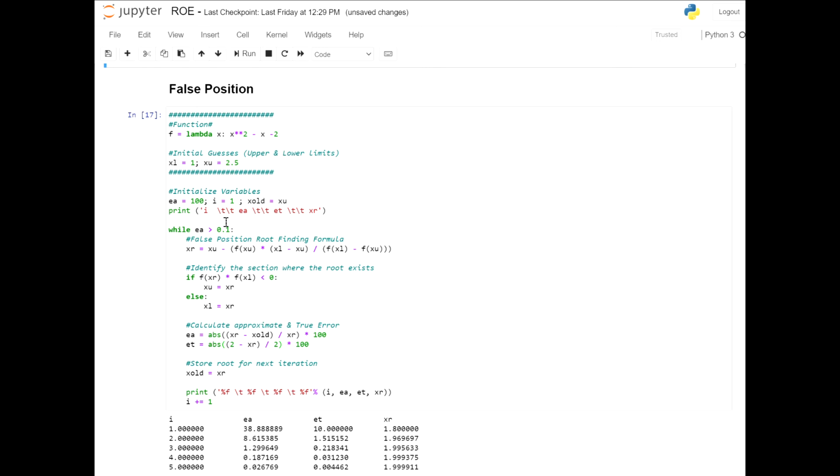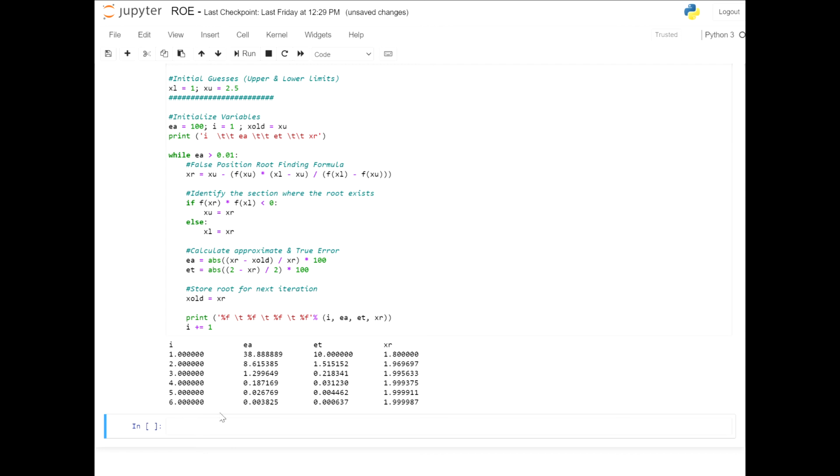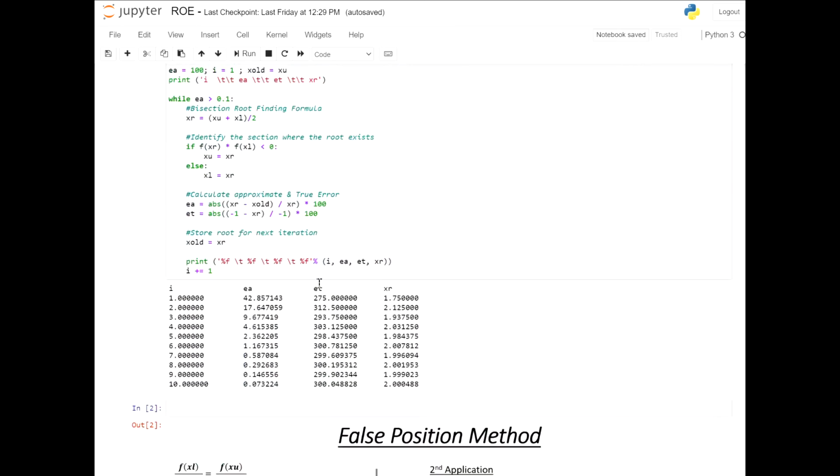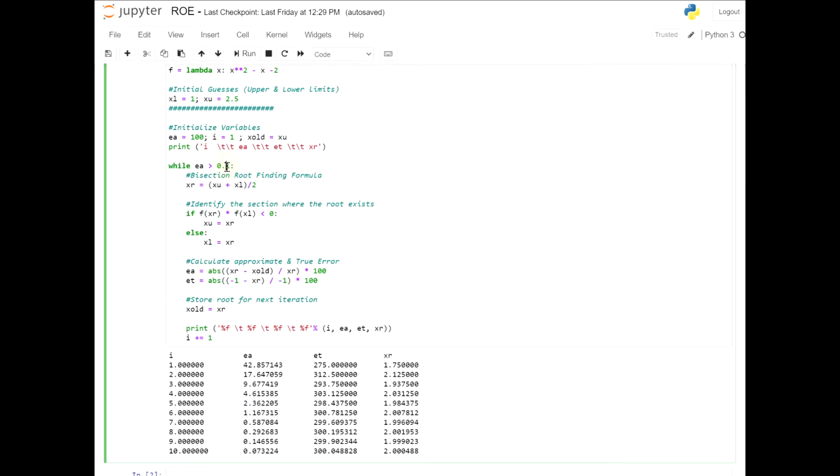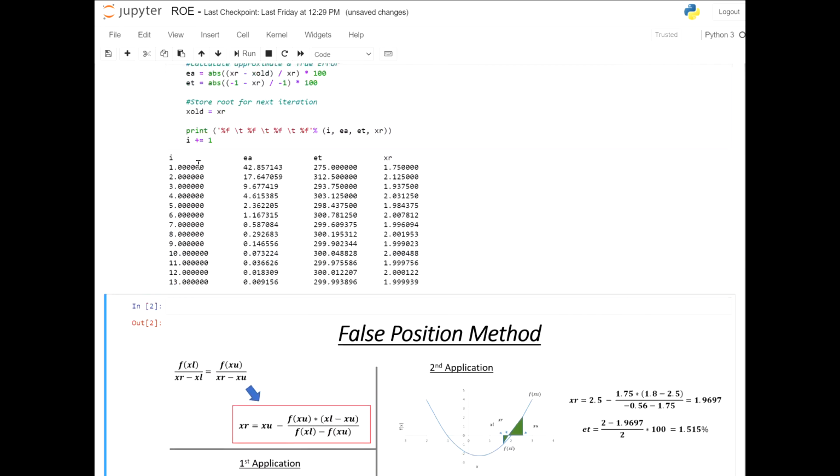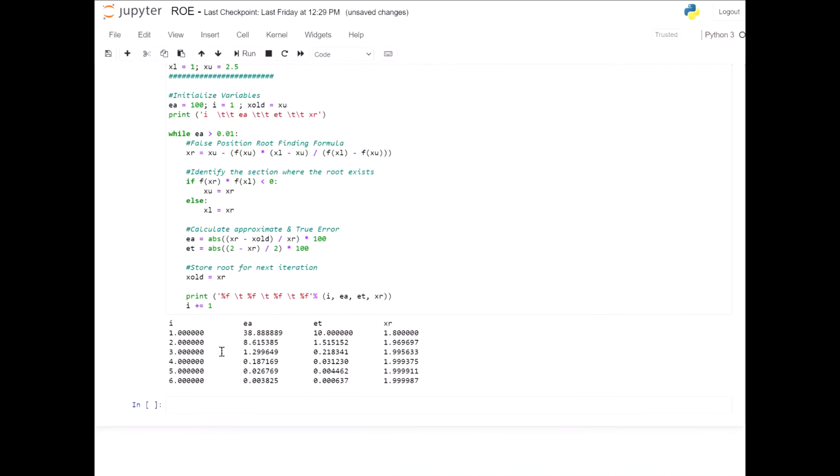So let's see how many applications it's going to take to go to 0.01. So 6 different applications, 0.0038. If I go to the bisection and do 0.01 as well, 13 different applications as opposed to 6 applications with this one. Let's go a little bit further to 0.001.